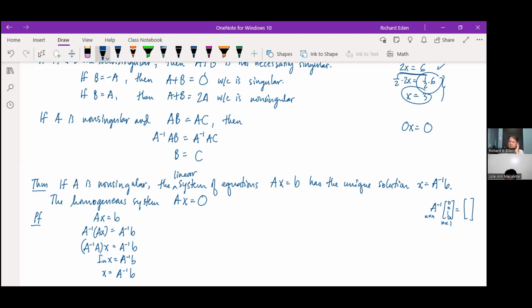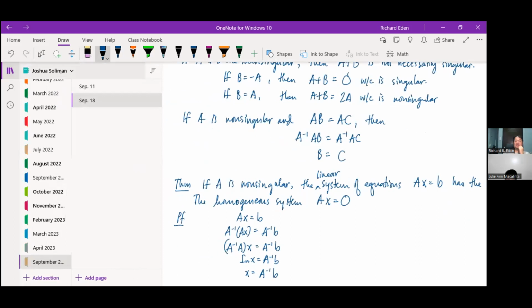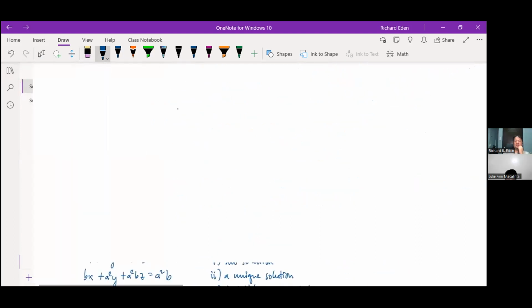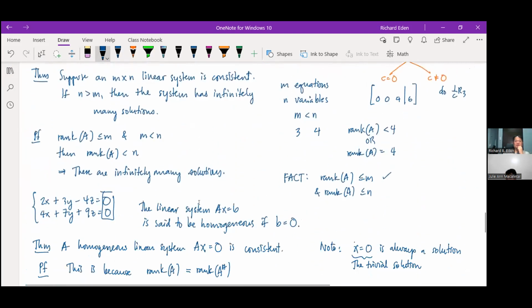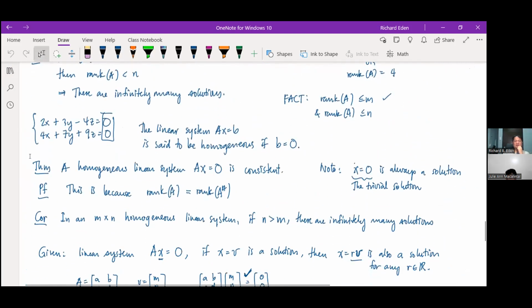Okay. So for the homogeneous system, let's recall, is it always consistent or can it have no solution? Let's look at what we wrote about a homogeneous system of solutions. This theorem, you see this?